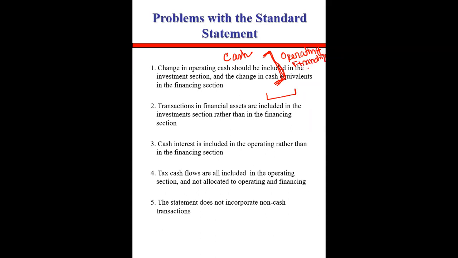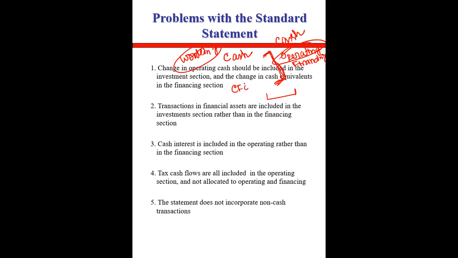Okay, so if we make any changes in cash for operating reason or for working reason, in which part should this cash be reflected in the statement of cash flows?